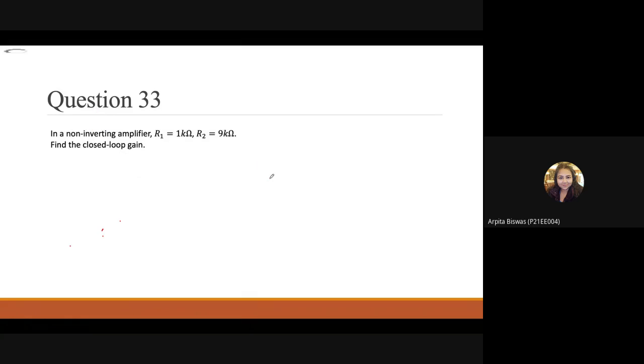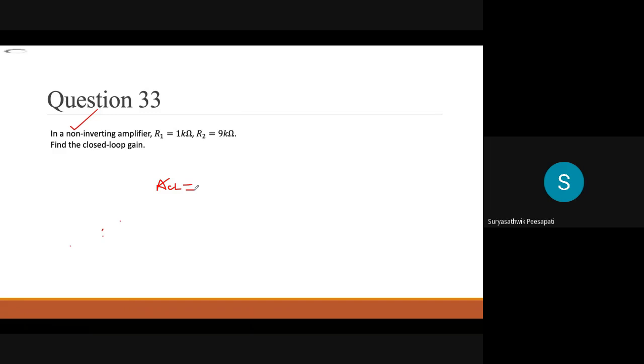Next, in a non-inverting amplifier, R1 and R2 are given. Find the closed loop gain for non-inverting. Tell me how to find it. I think the answer is 10, ma'am.